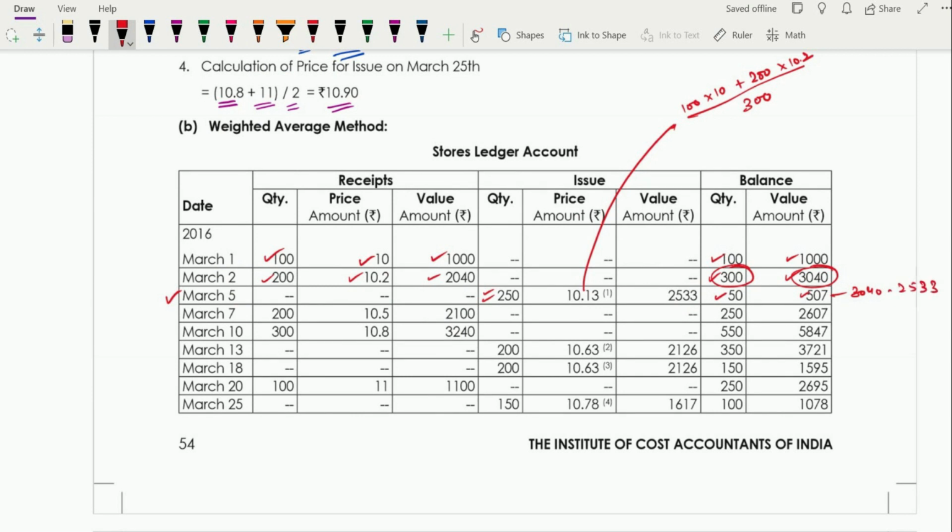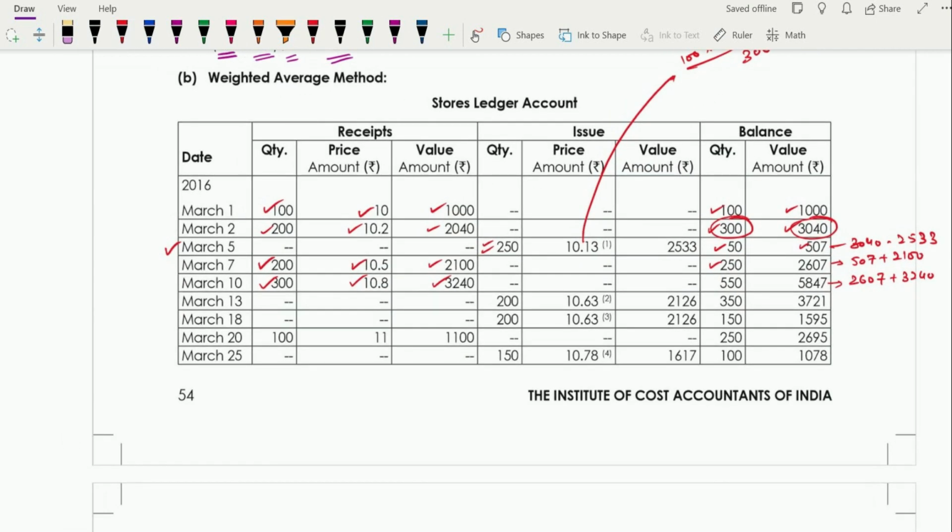Now, on March 7, you have received 200 units at 10.5, 2100, total 250 units. And this is 507 plus 2100, right? Then you have again received 300 units at 10.8, total 3240 value. And here total you have 550 units now. This is 2607 plus 3240.